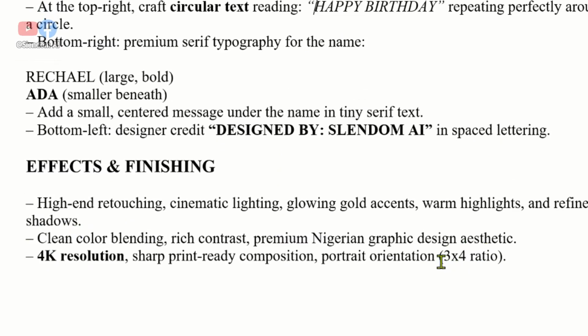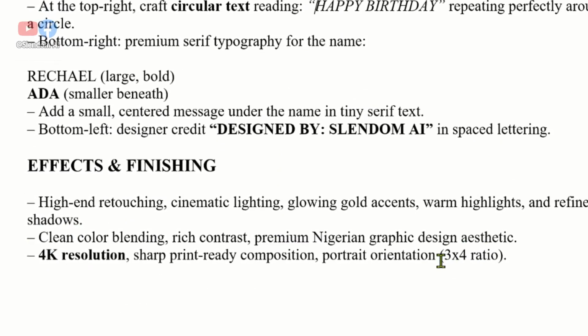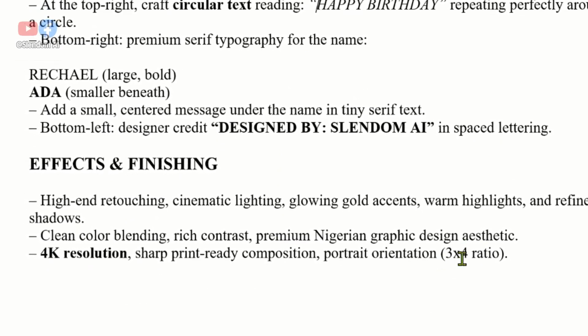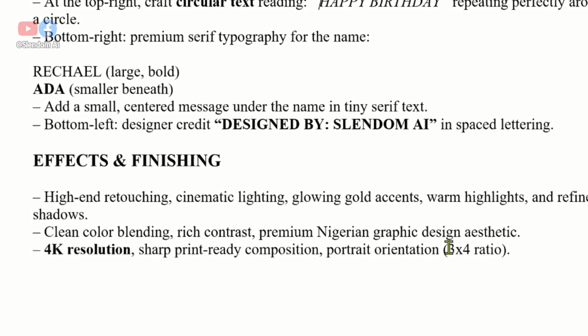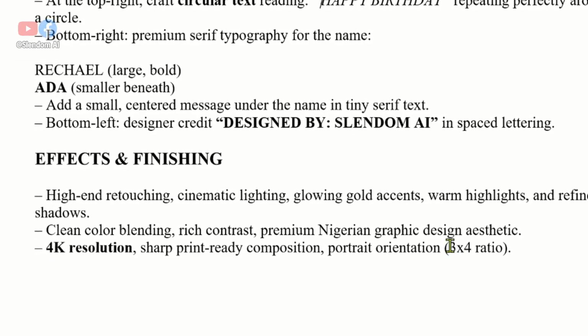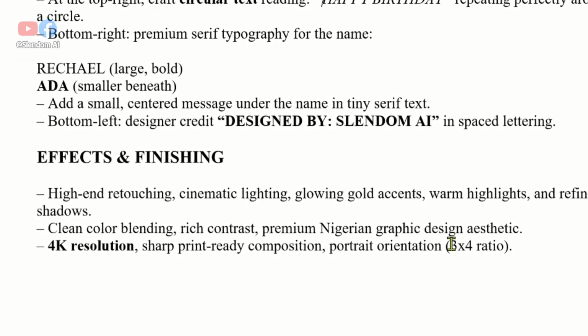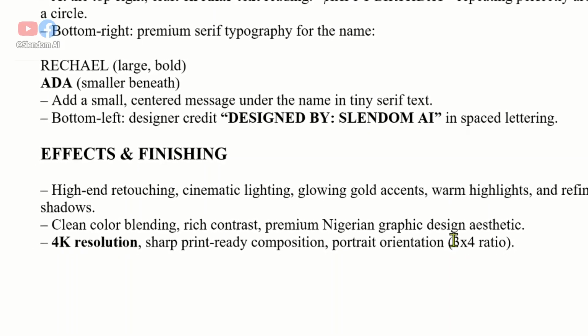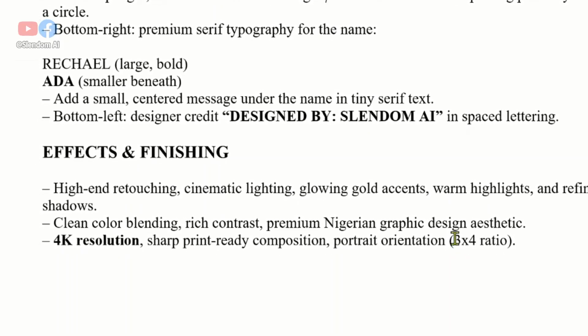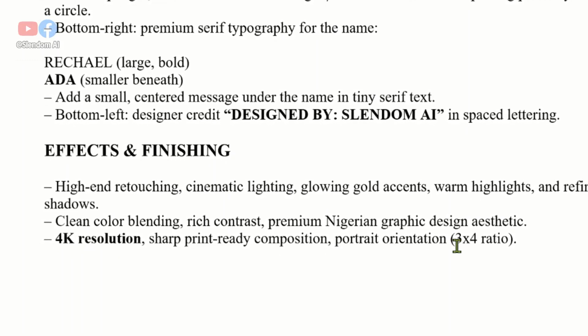When you are going to use tools like ChatGPT to generate this, which is what we are going to be using because it gives me a better output than any other tools that I've tried, especially when it comes to the text and other things. But you can go ahead and use any tool that you want. You can use any image generation tool to do this.